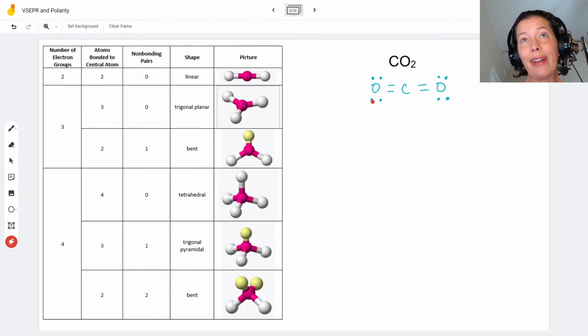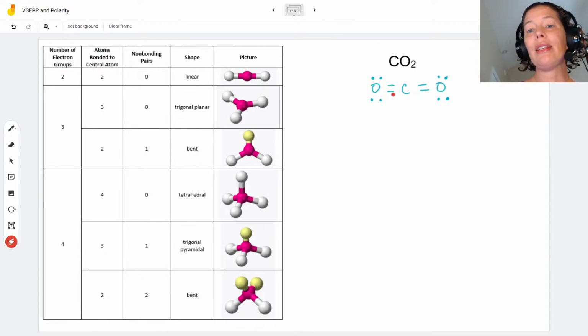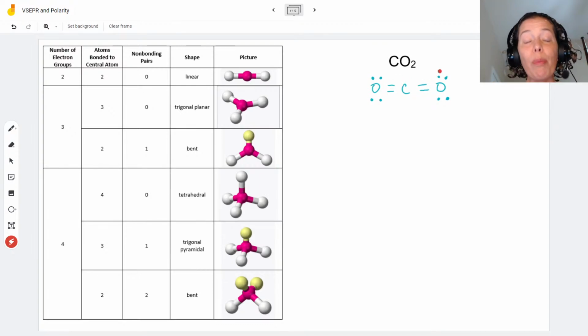Also, what I want to point out is all of our previous structures, we've only had single bonds between the central atom and another atom. In this case, we have double bonds. But again, for the purpose of predicting molecular geometry, you can just pretend those are single bonds. It does not make a difference.